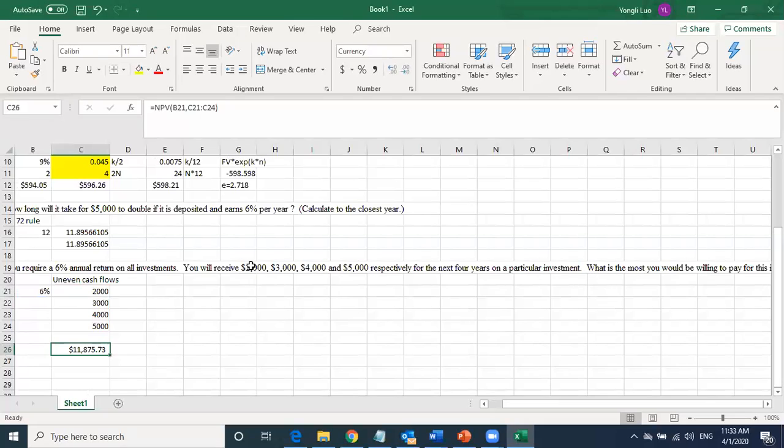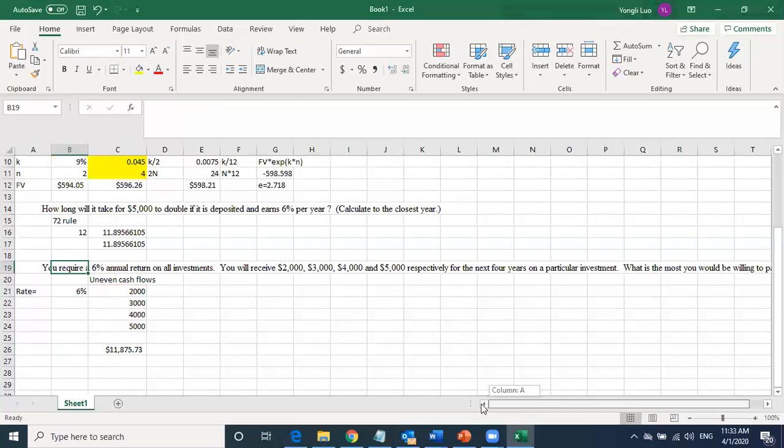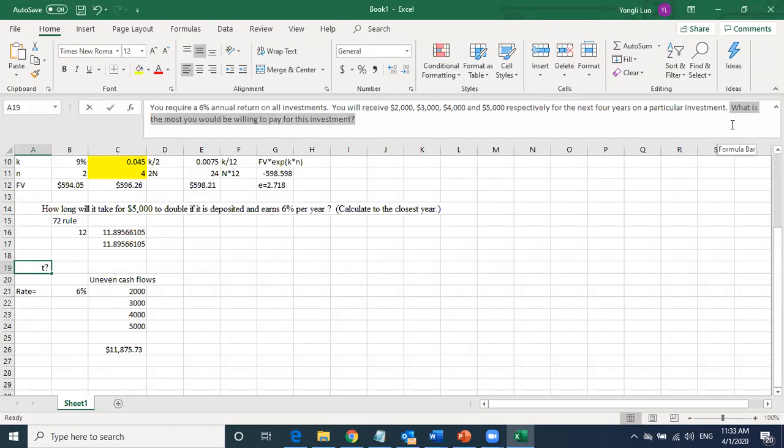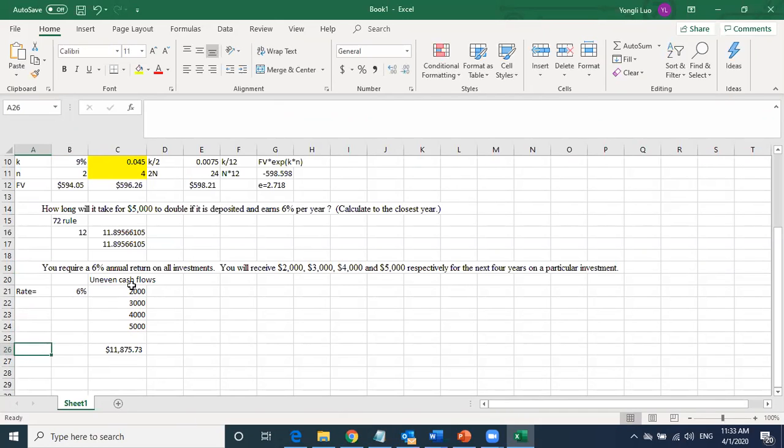So what is the most that you wanted to pay for that cash flow?